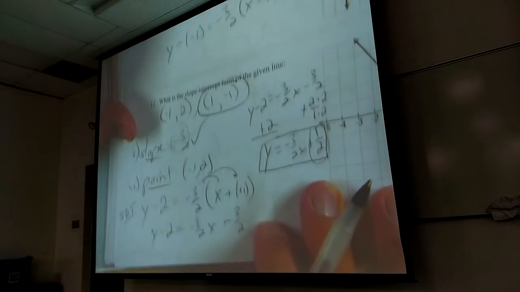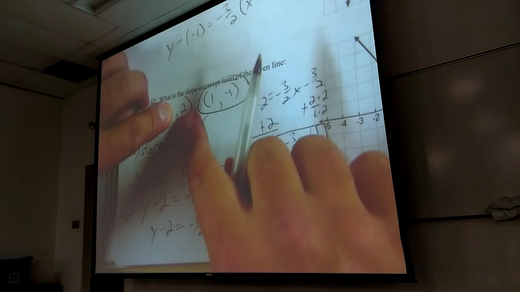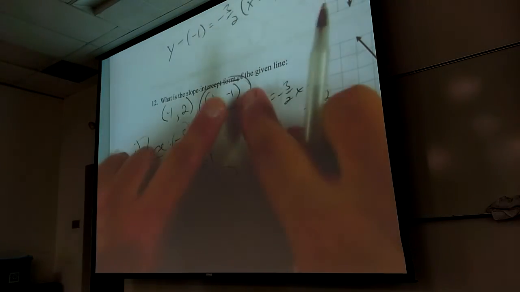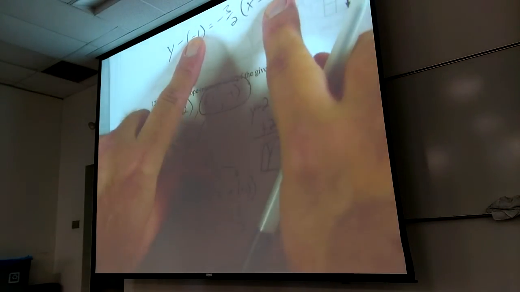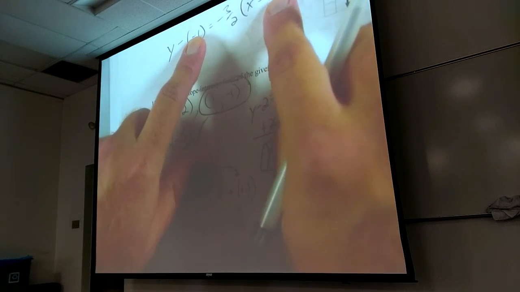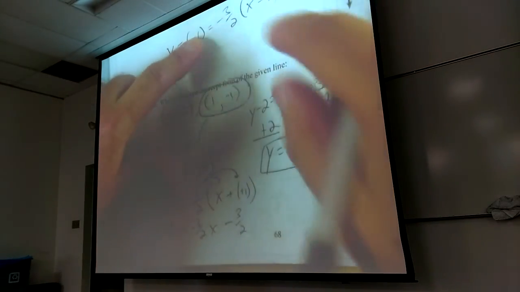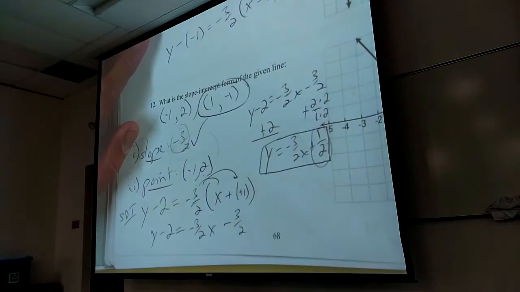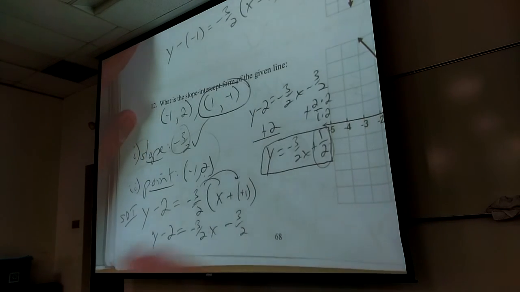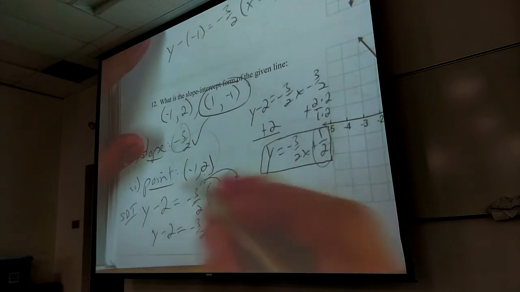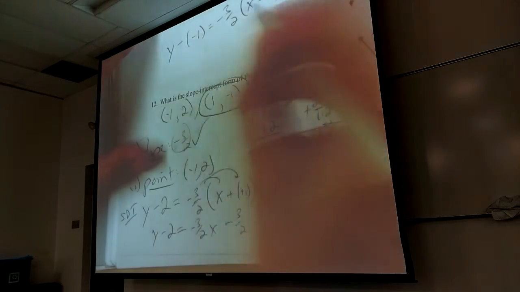You see what's going on? If you choose this point, those numbers get put in. If you choose this point, those numbers get put in. On one level, it should feel like there's no way they're going to be the same at the end. There are totally different numbers. But of course they're going to be the same at the end. It's all the same line. The math makes it work out.